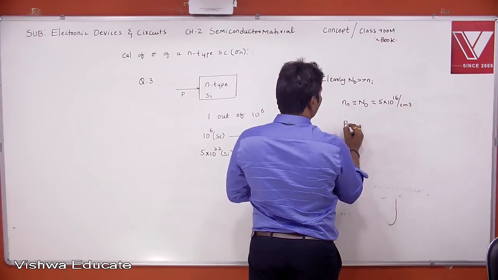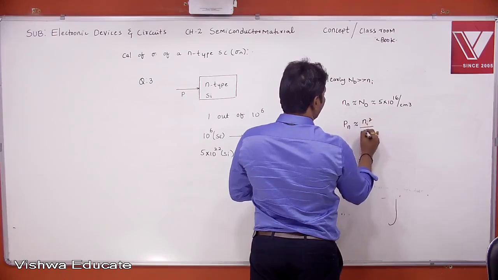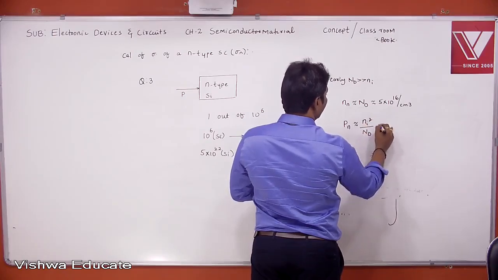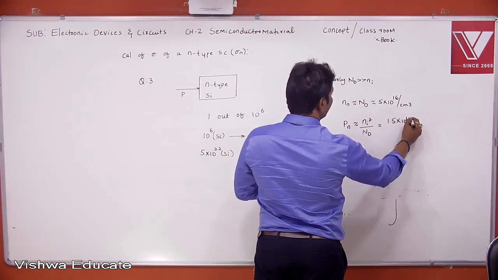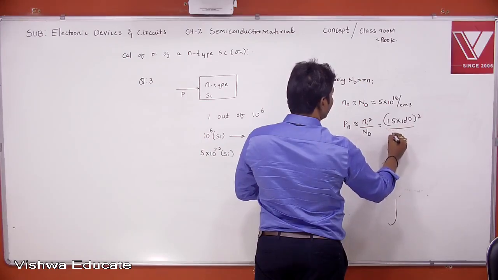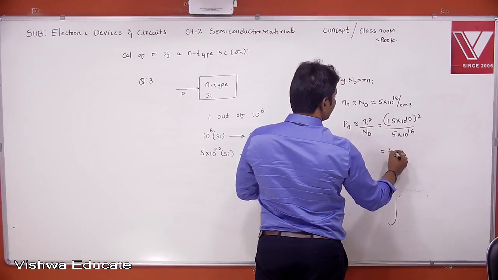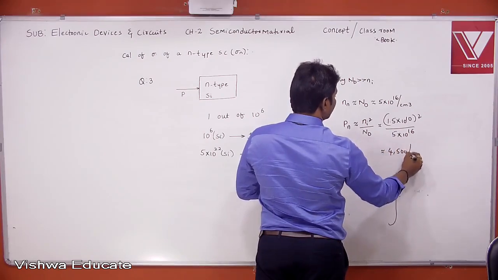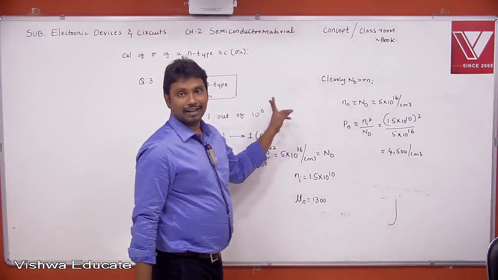And pn equals ni square by Nd, which is 1.5 into 10 power 10 whole square by 5 into 10 power 16, equal to 4500 per centimeter cube. So these are the carrier concentrations in an N-type sample.